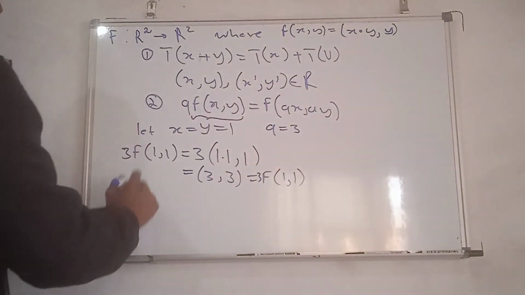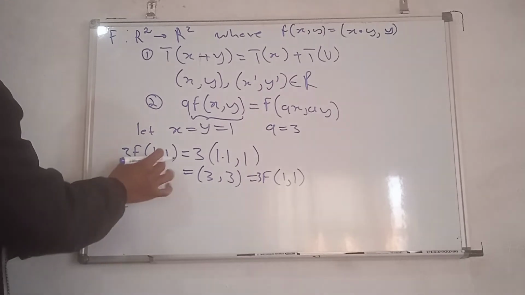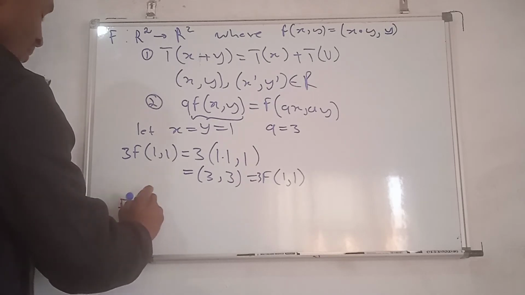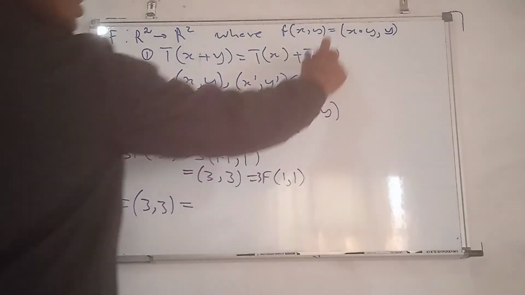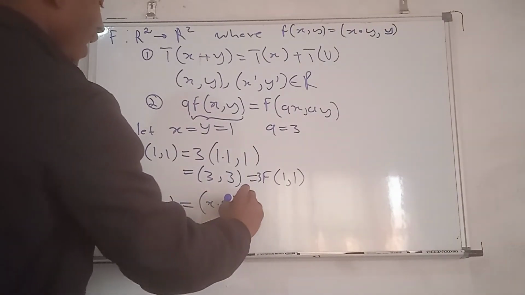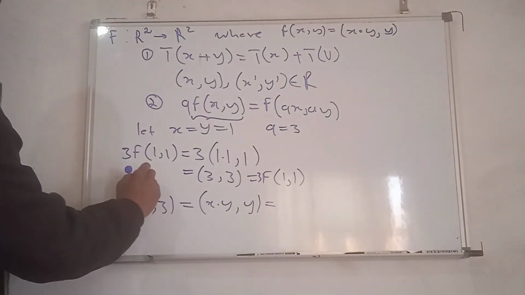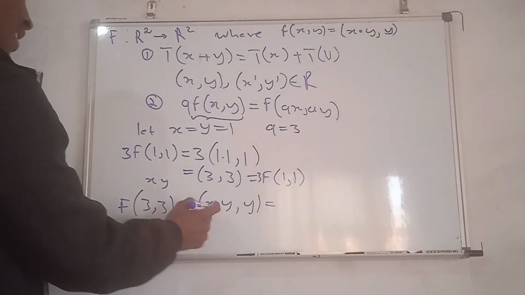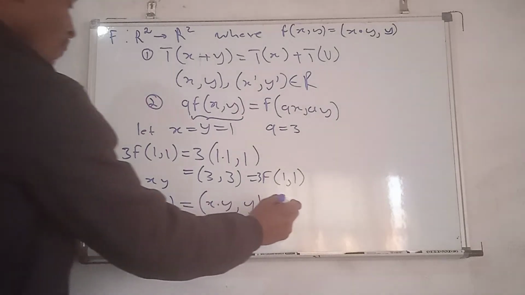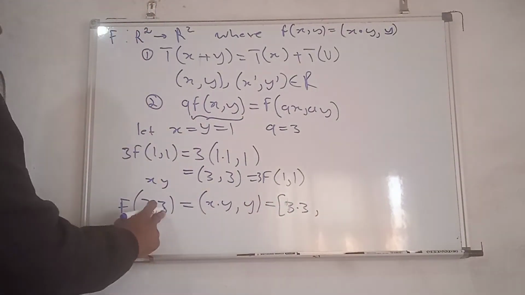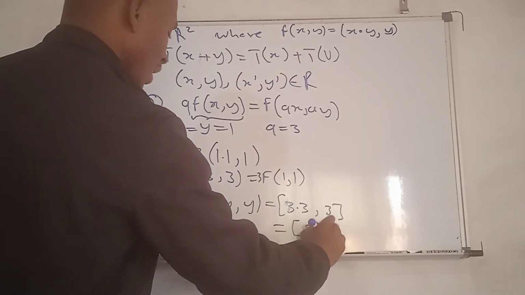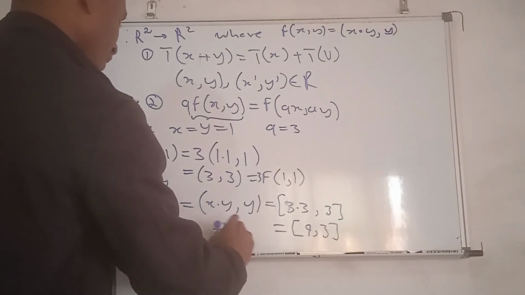Since the scalar is already multiplied, my f will be (3, 3), which is equal to this part, x multiplied by y and y. What is my x? This is my x and this is my y. My x will be 3, multiplied by my y, which is 3, and then my y is also 3 again. So this thing equals (9, 3), which is f(3, 3).